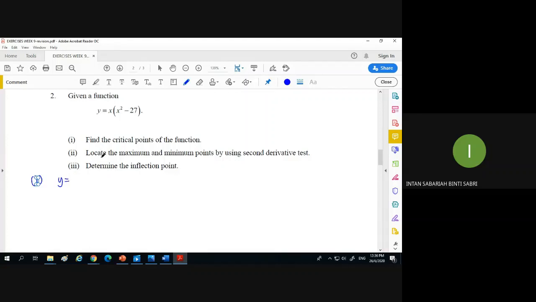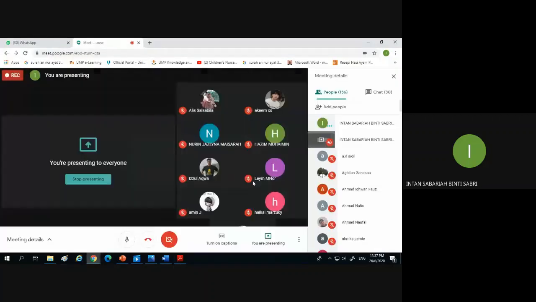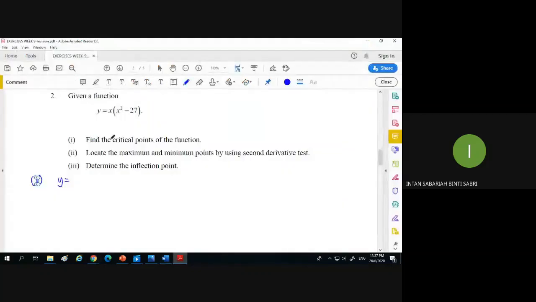So expand this one. This is easier compared to the first one, because the first one involved large powers. Alright, so y is equal to x cubed minus 27x. Easy to differentiate with respect to x, since it is in terms of x. Differentiating, you get 3x squared minus 27.